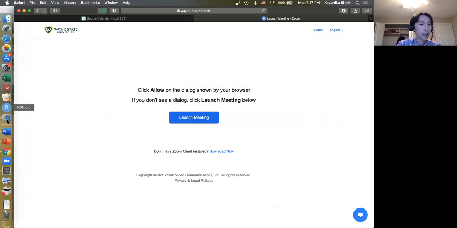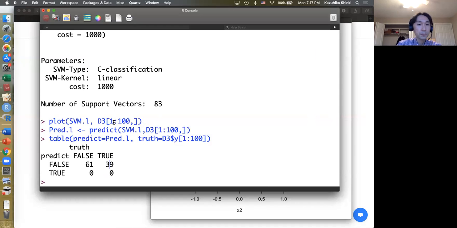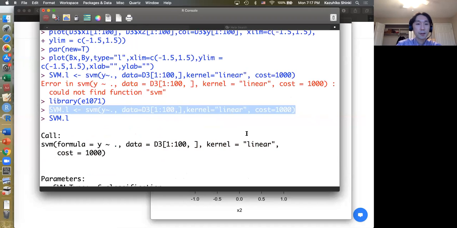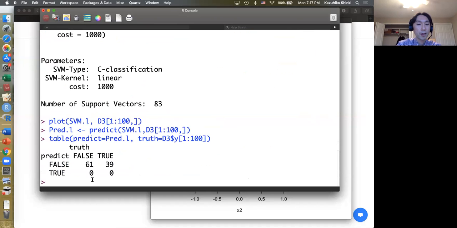So now let's try another kernel. Support vector machine is fun. We use the polynomial kernel, because we know that the boundary is a quadratic function. So if we use polynomial, then it should work well. Degree 2.